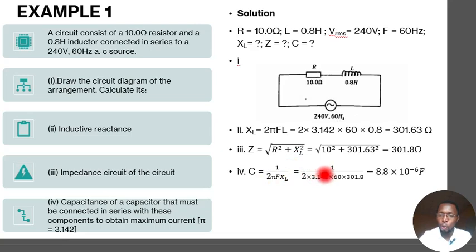That is equal to 1 over 2, a constant, times pi, which is 3.142, times f, the frequency, that's 60 in the question, times the inductive reactance, which has been obtained to be 301.63.